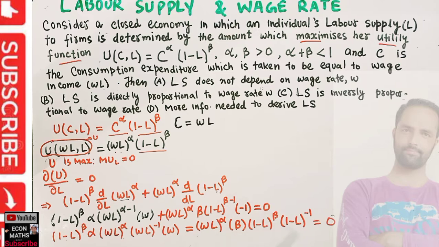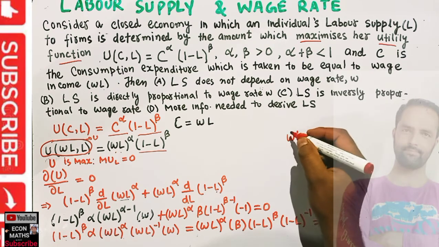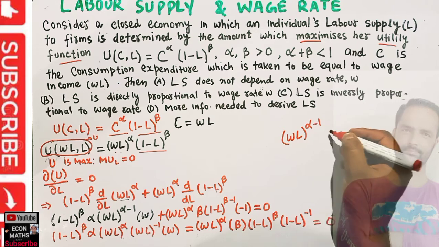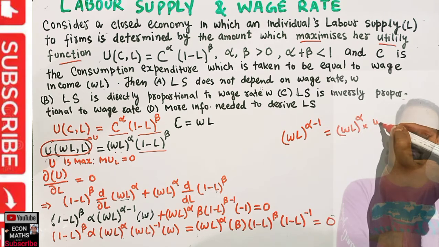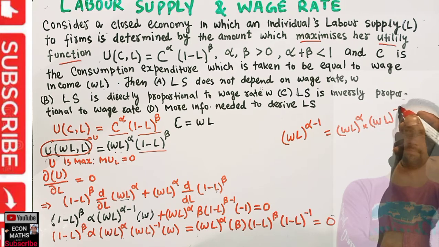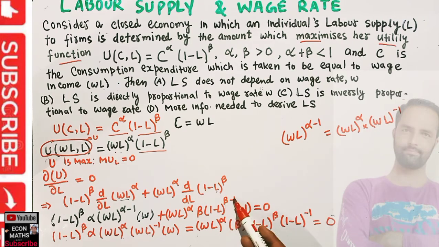Simple thing, I have done nothing unusual here. I have expanded (WL) to the power alpha minus 1, which can be written as (WL) to the power alpha times (WL) to the power minus 1, and the same thing I did here.